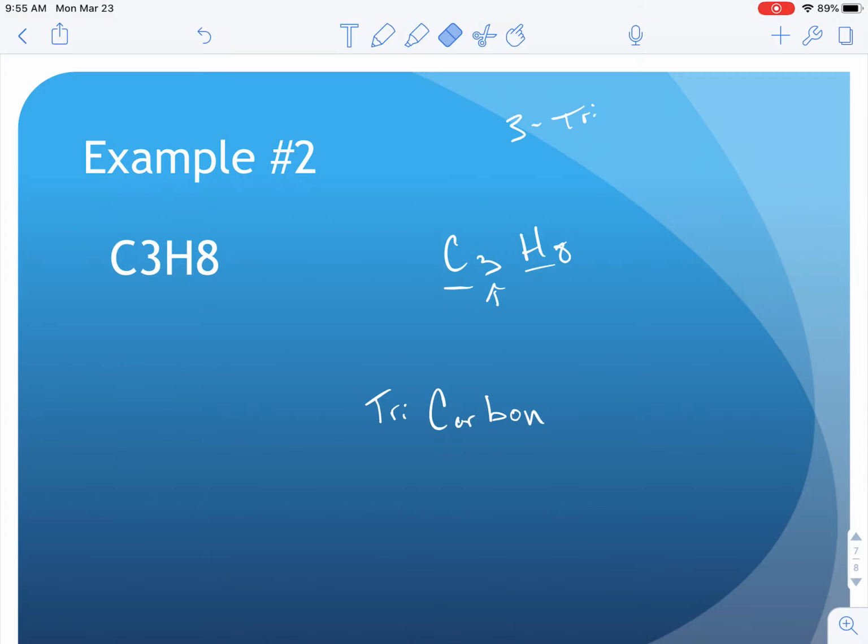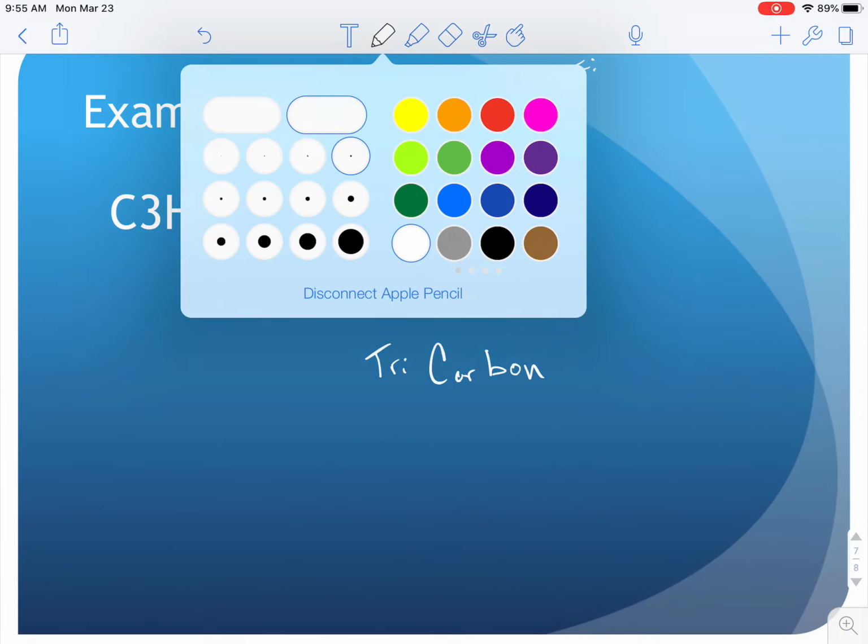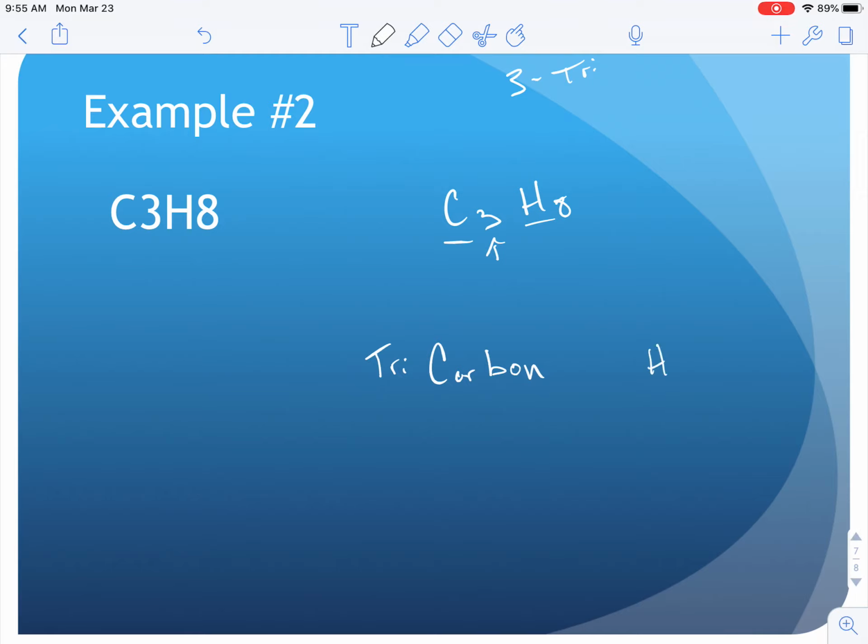Hydrogen becomes hydride. All right, and there's 8, so 8 is octa. So we're going to write octahydride on there. So our compound here, C3H8, would be tricarbon octahydride.